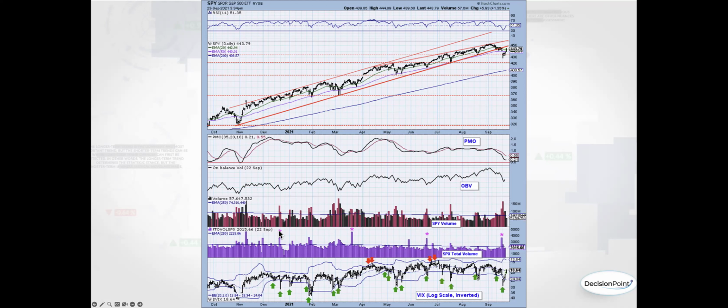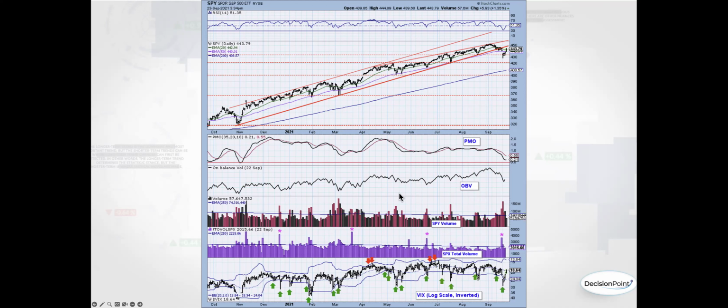I've marked here with pink asterisks the days for options expiration. We don't really consider these total volume days where we get these spikes as part of our analysis, because it's skewed because of options expiration. And you get very, very high volume on those days, typically low volatility.